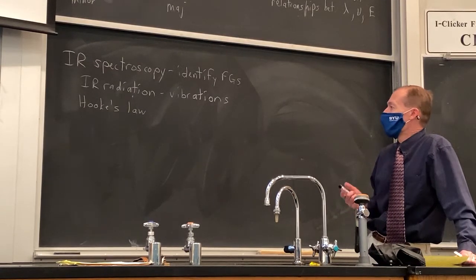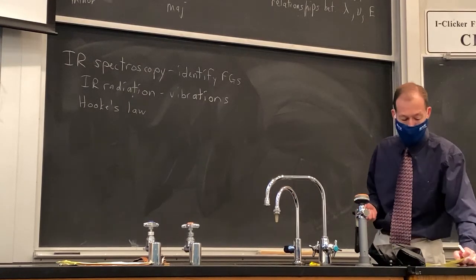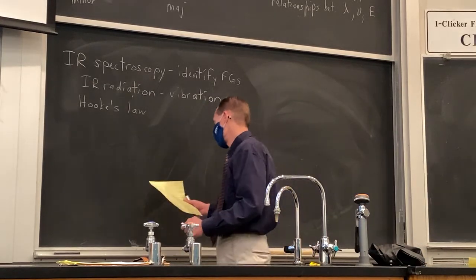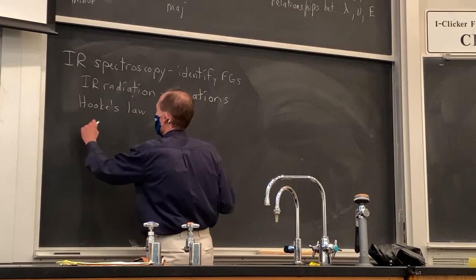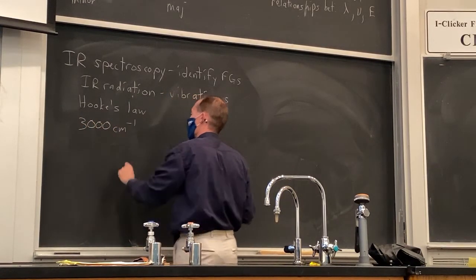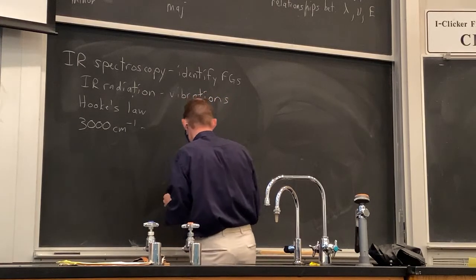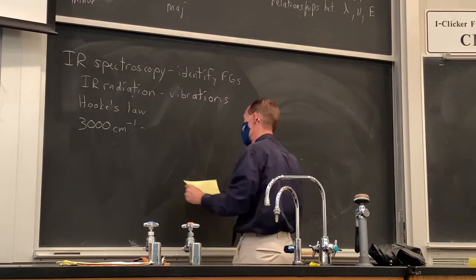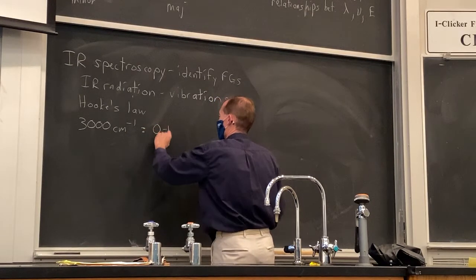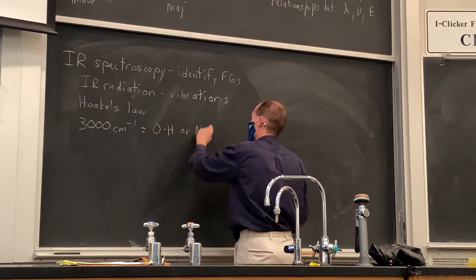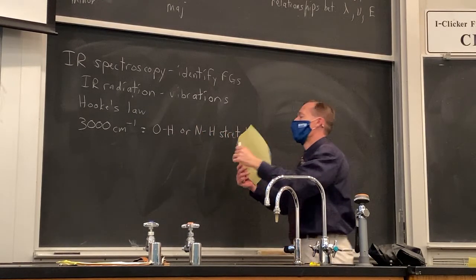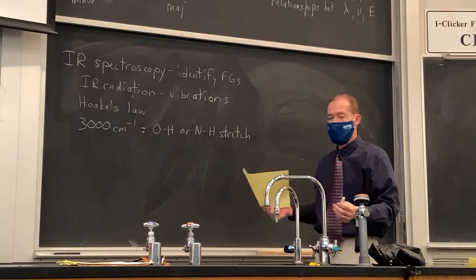So we don't have to memorize a lot of numbers. There's only two values that I told you you should memorize. 3,000 wave numbers, right? And that's valuable for two reasons. We have the OH or NH stretch, and that's going to be a very broad, very fat peak above 3,000.